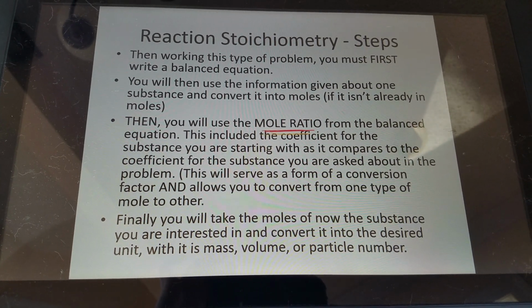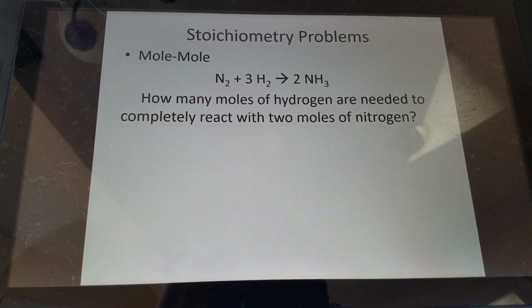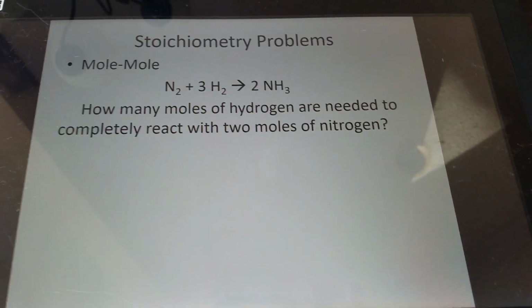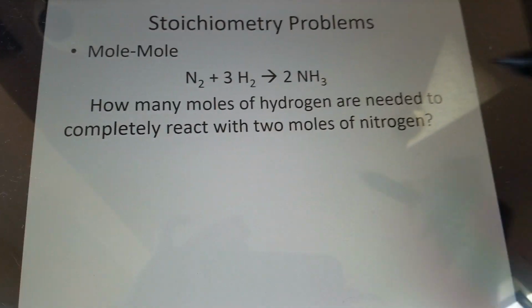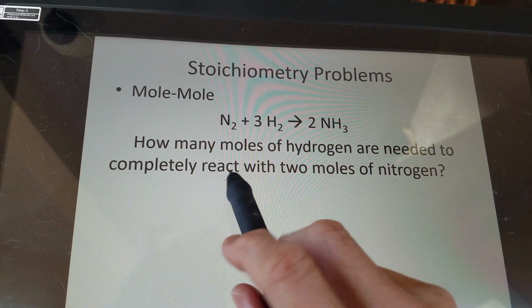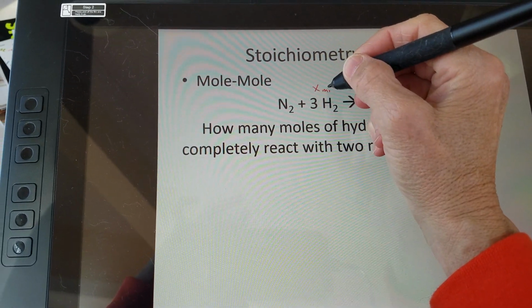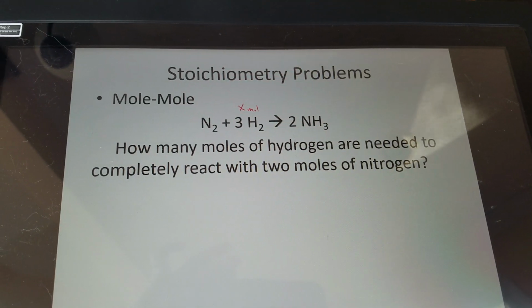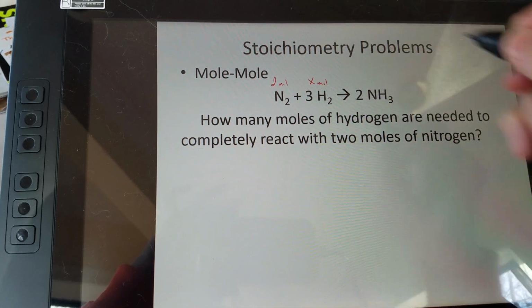The first thing we're going to do is determine mole ratios. Here we have a balanced equation that you've already seen: nitrogen reacting with hydrogen to produce ammonia. It's telling us that we want to know how many moles of hydrogen, so we're looking for X moles of hydrogen, are needed to completely react with 2 moles of nitrogen.